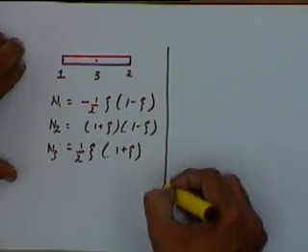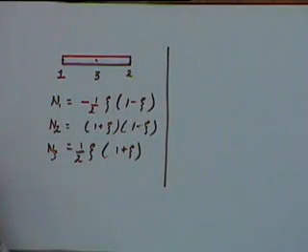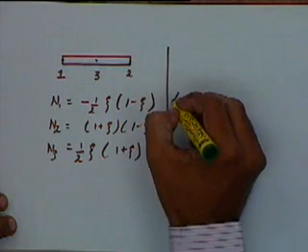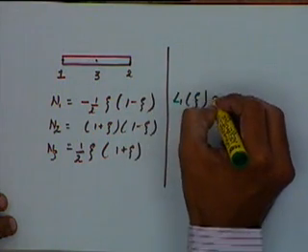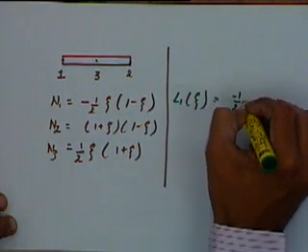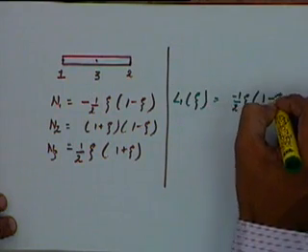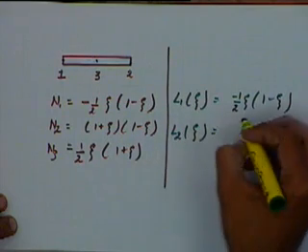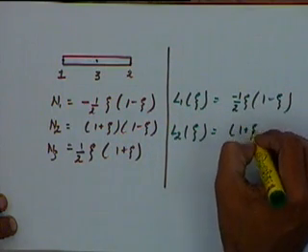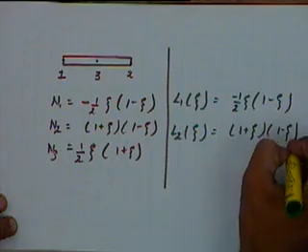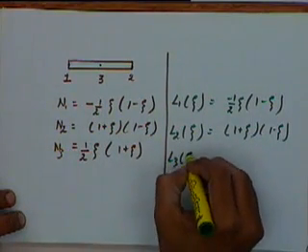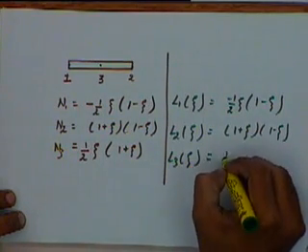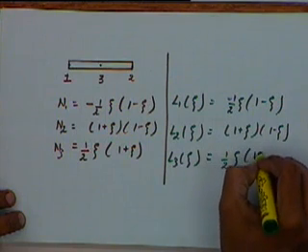So analogous to this, we define L1 of zeta to be minus half of zeta into 1 minus zeta, L2 of zeta to be 1 plus zeta into 1 minus zeta, and L3 of zeta to be half of zeta into 1 plus zeta.